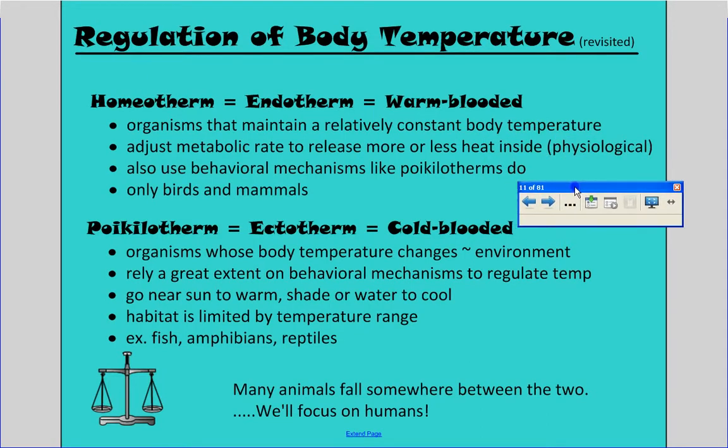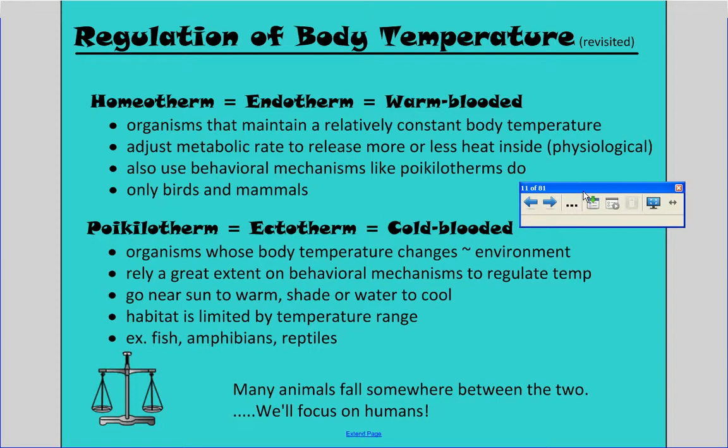So in terms of regulating body temperature, you've seen these terms before. We have warm-blooded and cold-blooded, basically, and these are other terms that are used to describe those types of organisms. So if you're warm-blooded like us, then you'd also be called a homeotherm or an endotherm. And they're basically organisms that maintain a relatively constant body temperature and are able to adjust their temperature inside by adjusting their metabolic rate.